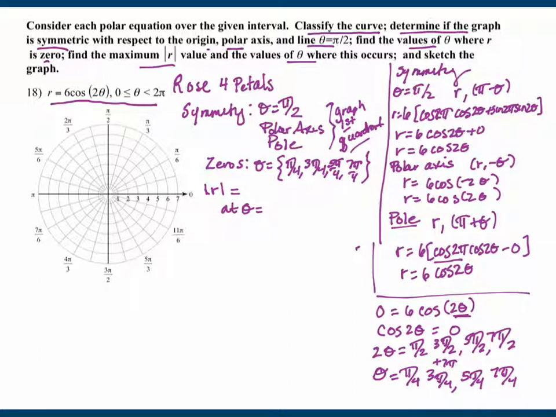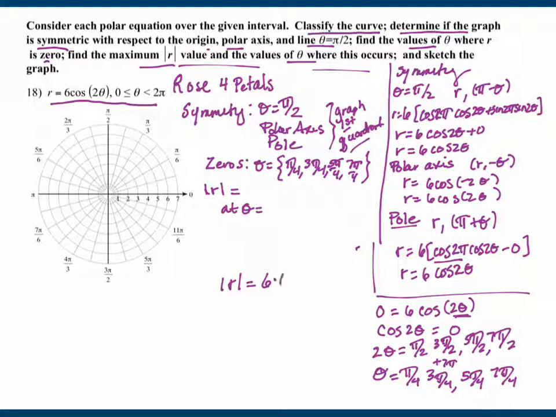This is good to learn how to write all this out, because this is the information you're going to be graded on, and then of course your graph. So all this is important to do. So let me do that down here. The value of r would be 6 times the cosine of 2 theta, which has to be 1.